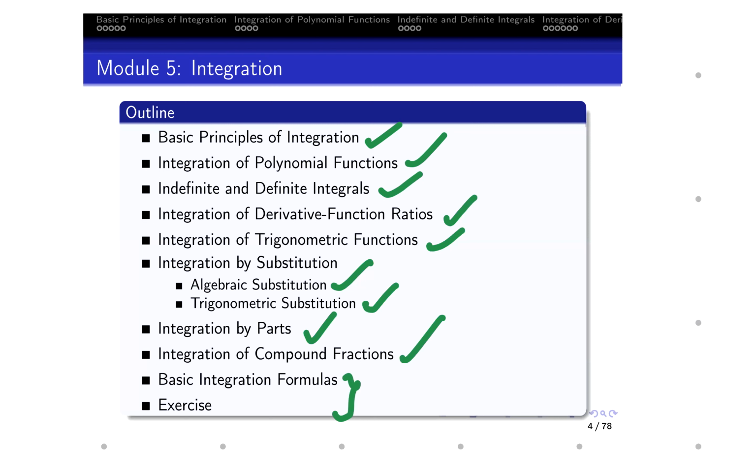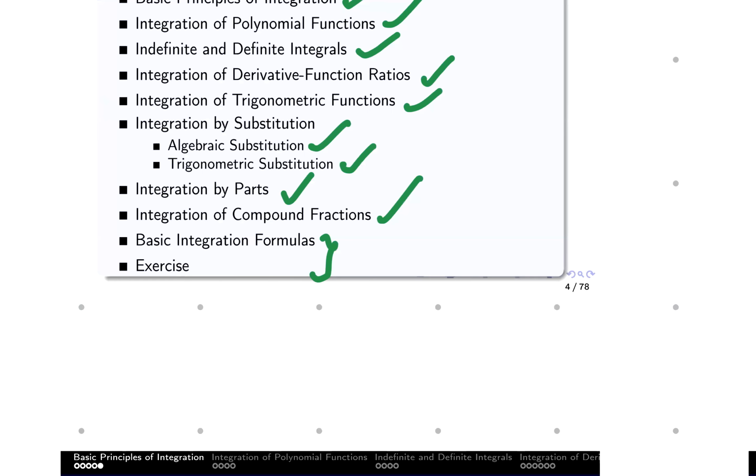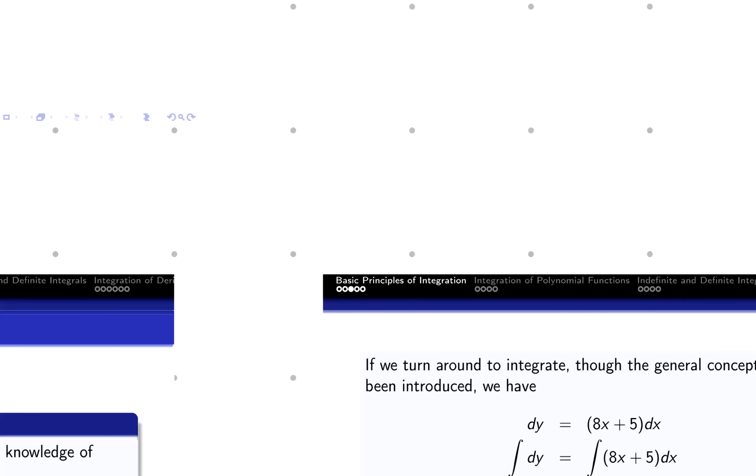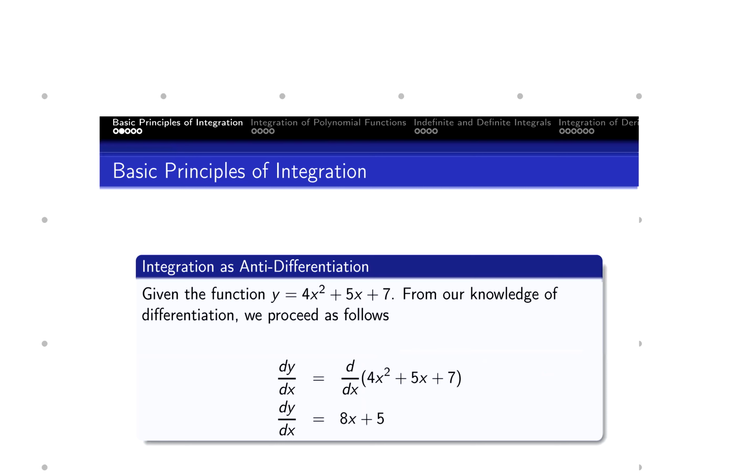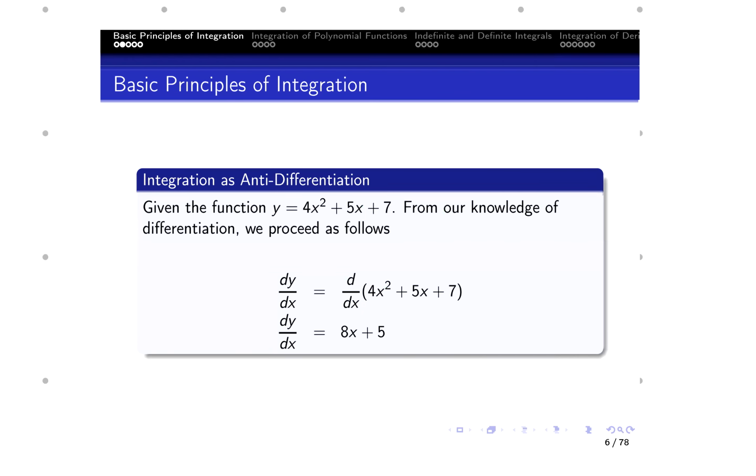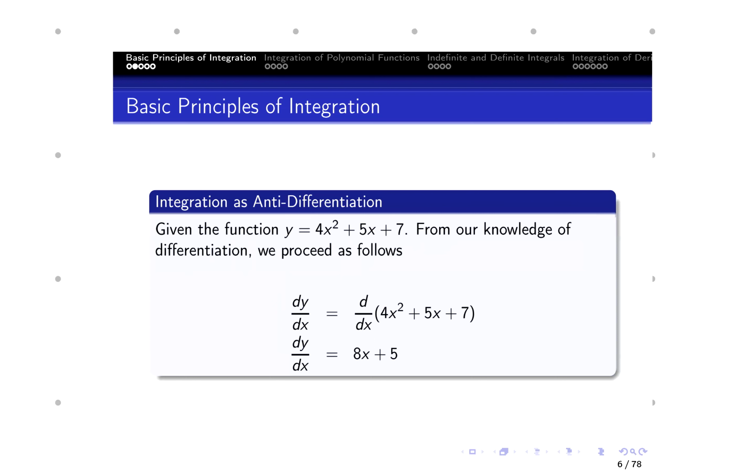So we talk about basic principles of integration for starters. And let's see what the whole idea is about. If you must know, differentiation and integration are like two sides of a coin. While differentiation is like breaking things down or tearing things apart, integration is gathering things together or building things up.